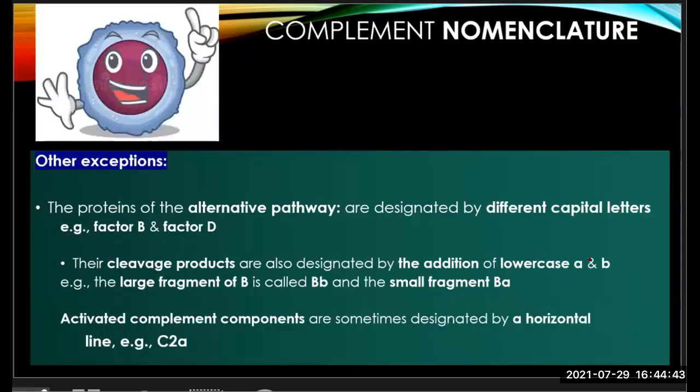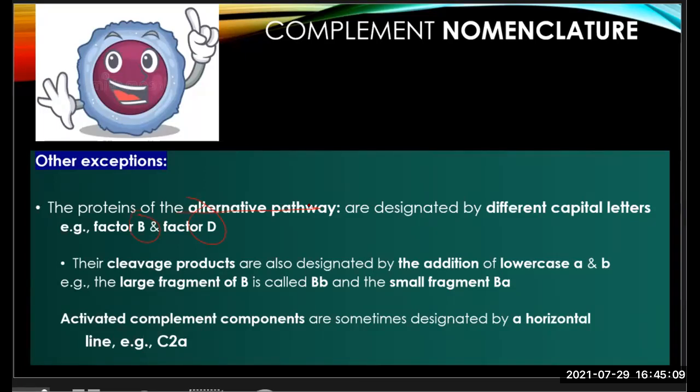Other exceptions: the proteins of the alternative pathway were discovered later and are designated by different capital letters, for example, factor B and factor D. We call the proteins in the alternative pathway factors, not complement proteins, okay?